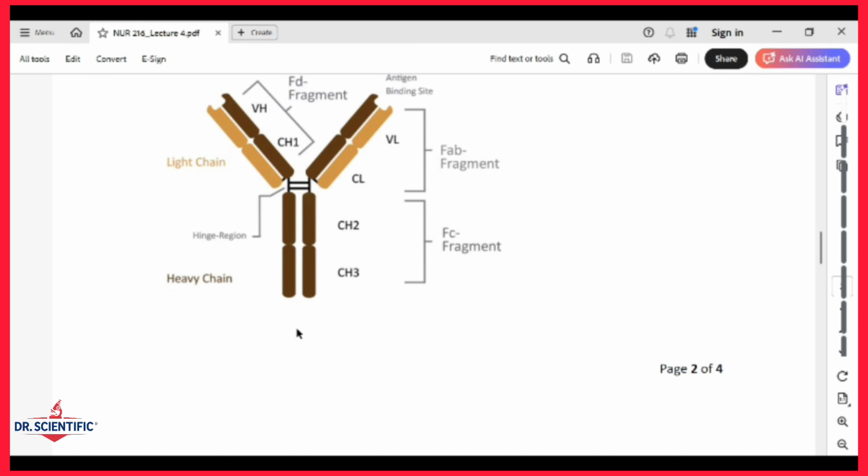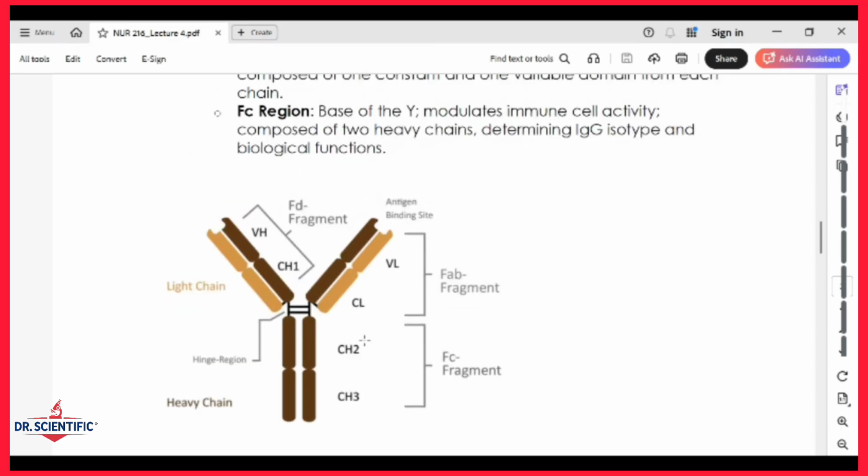So it's more of a dimer. But IgM is pentameric. If you remember, IgM is pentameric, and the rest are monomeric, apart from IgA, because IgA is also joined by a J chain. We have two of these, so it's dimeric.